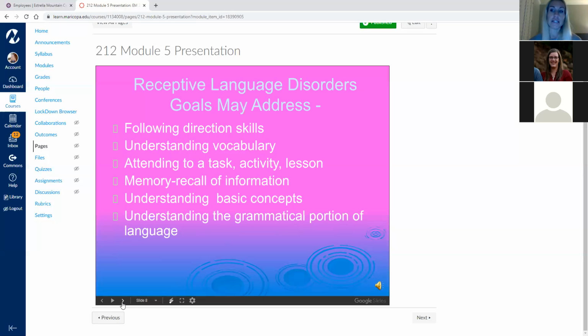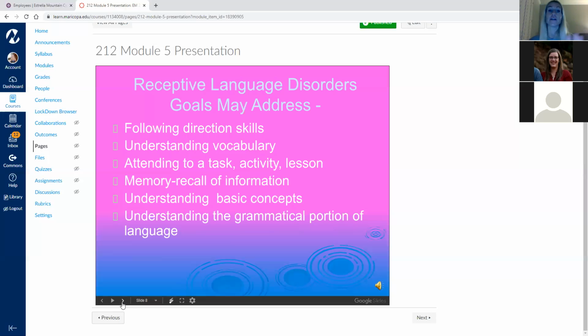So attending to a task, if you see that goal, you might ask why am I as a therapist working on will attend to an activity for 5 minutes? Because we can't get to vocab and other things until they can attend to a task together for 5 minutes, 10 minutes, listen to a task or a story, listen to something for 5, 10 minutes.